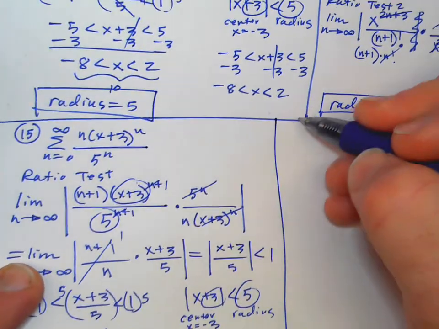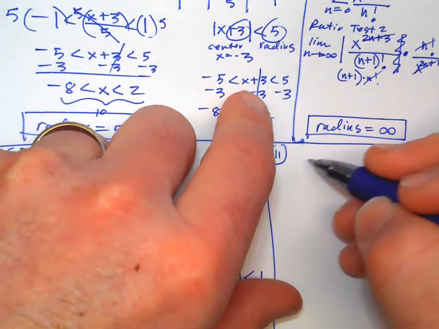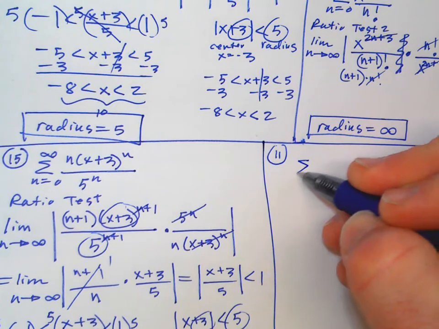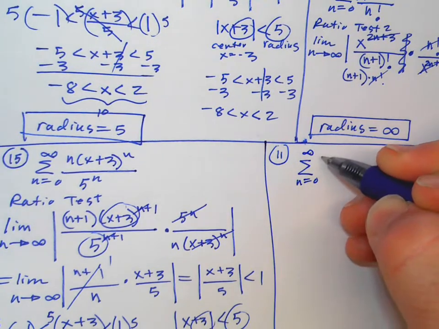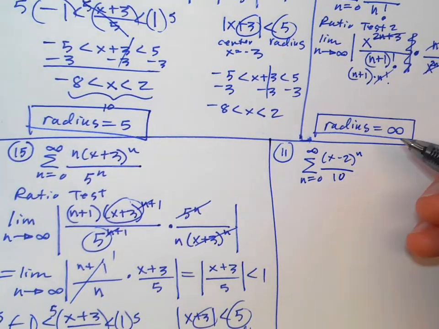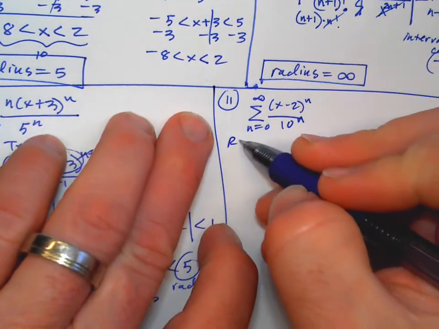So 11 was supposed to be the sum from n equals 0 to infinity of (x minus 2) to the n over 10 to the n. So ratio test.